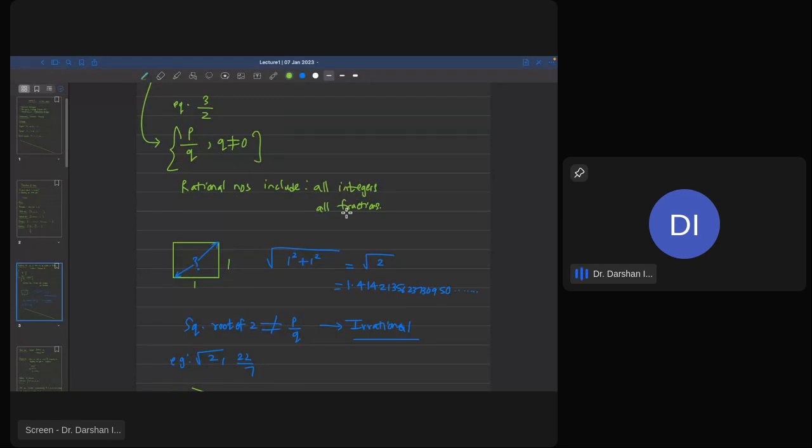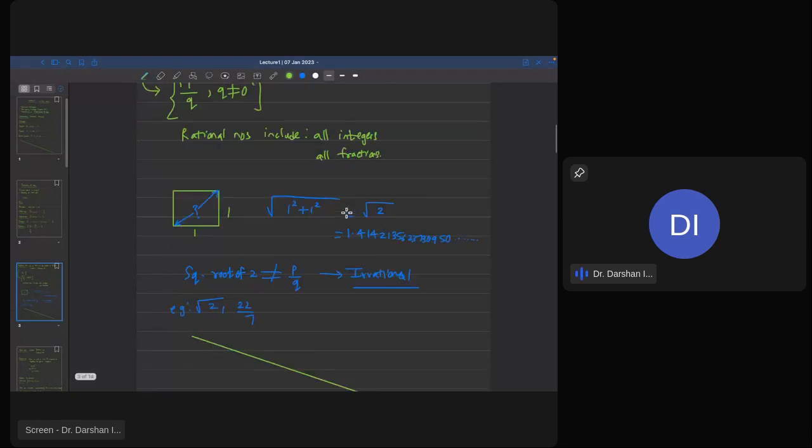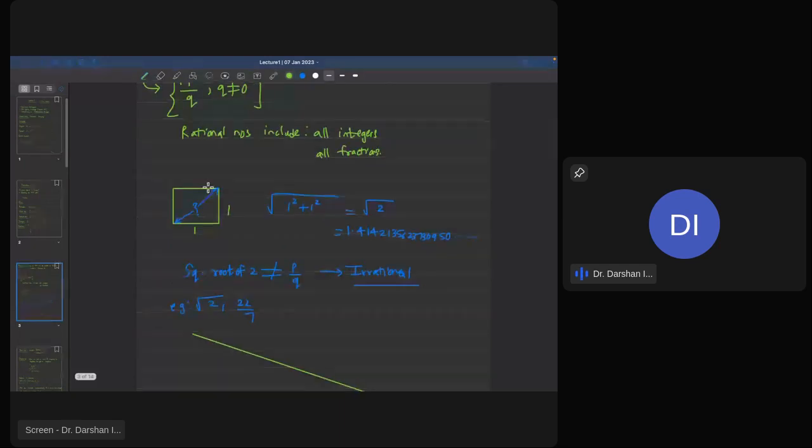Then we took a square and tried to find the diagonal using Pythagoras, and this gave me a value which went on infinitely without being divisible. Now that is not rational. We call it irrational. Root of 2, pi, all of these are irrational values.